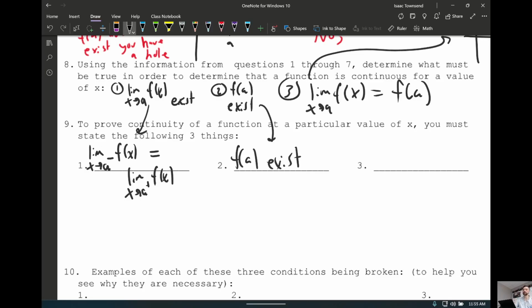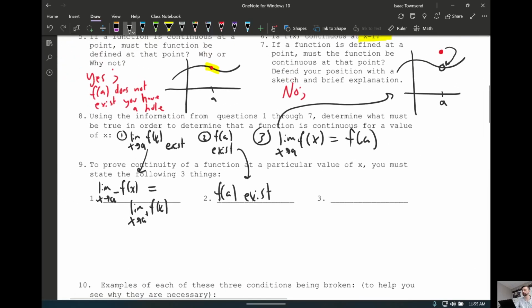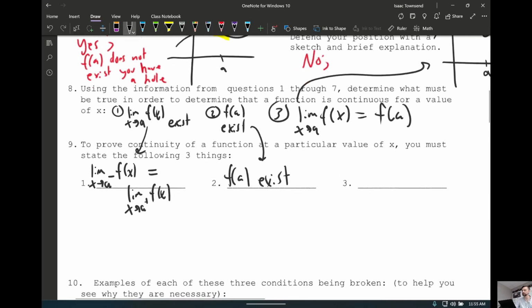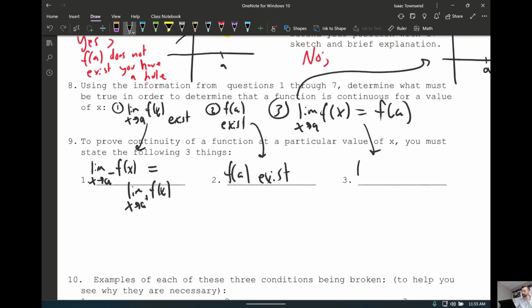And just because the limit exists and there's a point, if the point's in the wrong spot, like this picture, it's not continuous. So this part we can just copy down. Whatever it's approaching from the left and the right, that y value should be the same as the y value of your point.